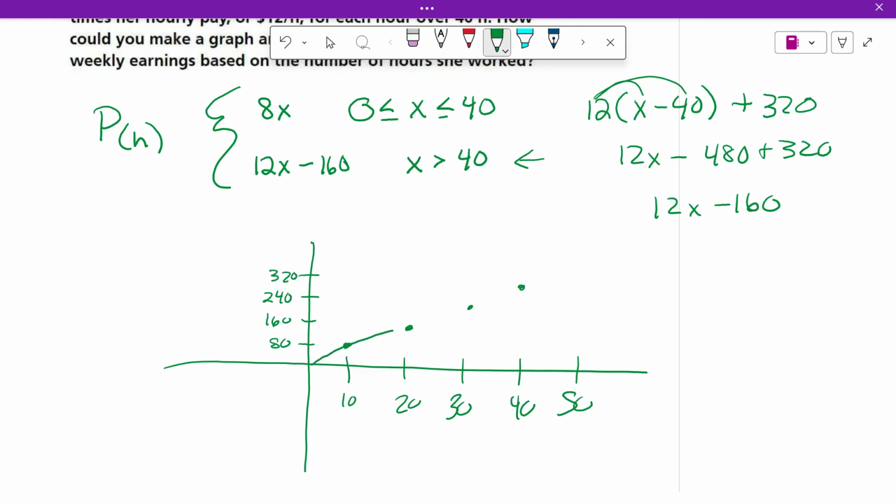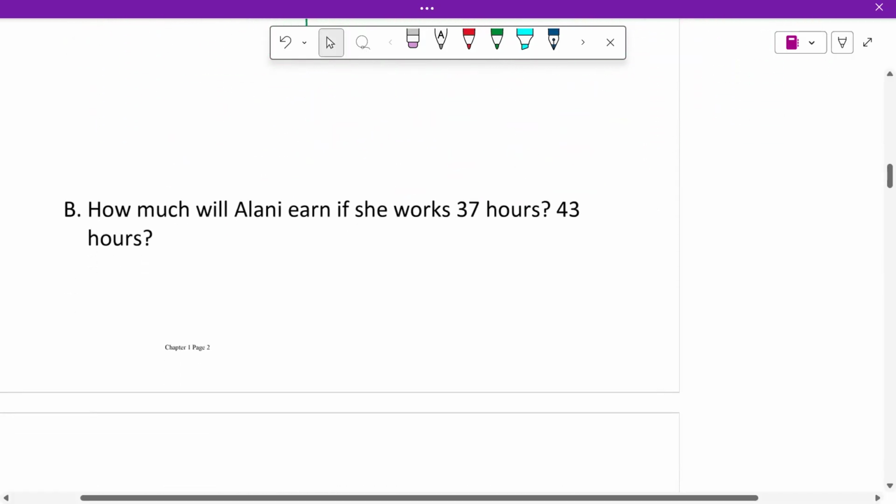So the graph goes like this, and that's a slope of 8. And then it's going to slope up after that, because then she'll start making more for overtime. That's a piecewise function.